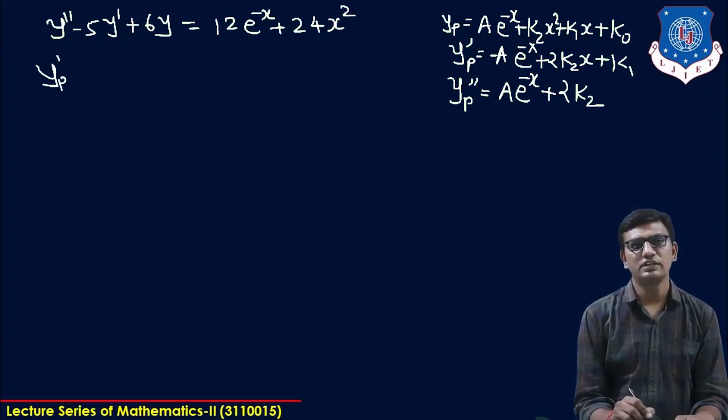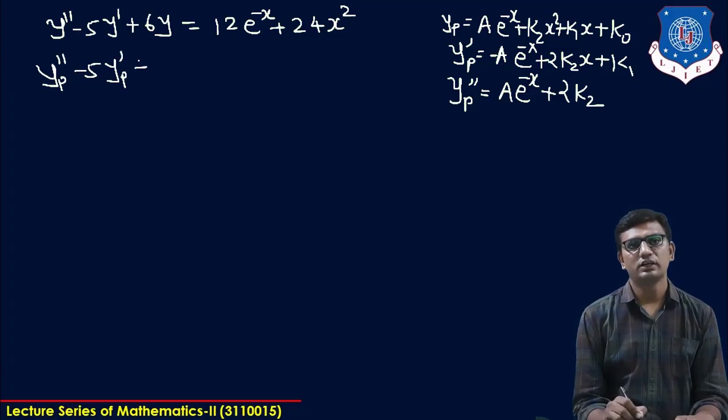That means yp double dash minus 5yp dash plus 6yp equal to, compared with the right hand side, 12 e raised to minus x plus 24x square.